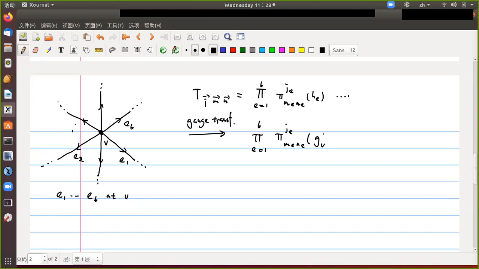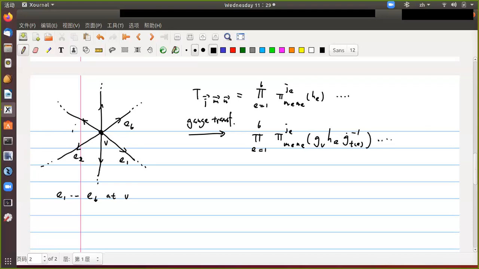Here we assume all the edges are outgoing, so the source of the edges is just at the vertex V. The first factor is just G of V, h_e, and then G of target of e inverse, and other factors.